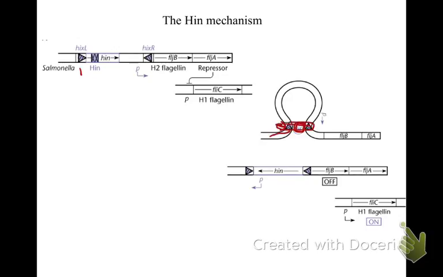So now we go from here over to here, back around and down, and that's how we flip this entire region, only between the regions that are flanked by that inverted repeat, and the inverted repeats just stay as they are. But now of course we have the Flj operon in the off position and the H1 FliC in the on position.